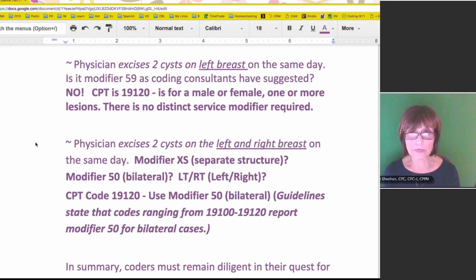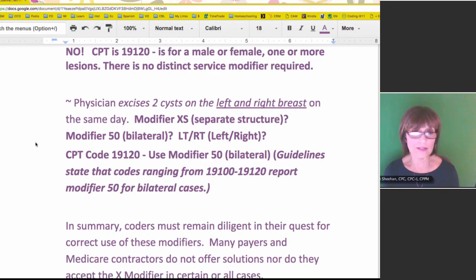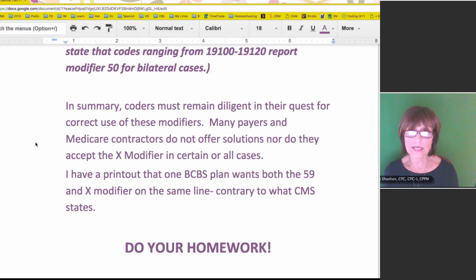So in summary, coders have to remain diligent on their quest for the correct use of these X modifiers. Many payers and Medicare contractors do not offer solutions, nor do they accept the X modifier in certain or all cases. And as I had mentioned, one of the Blue Shields in the Carolinas said they wanted a 59 with an XS on the same line.